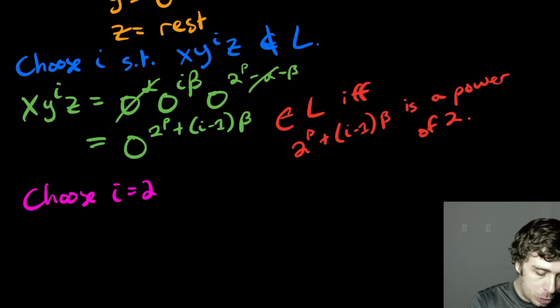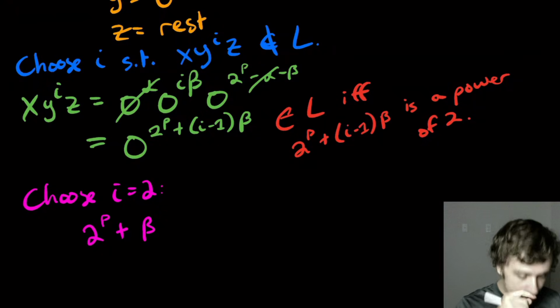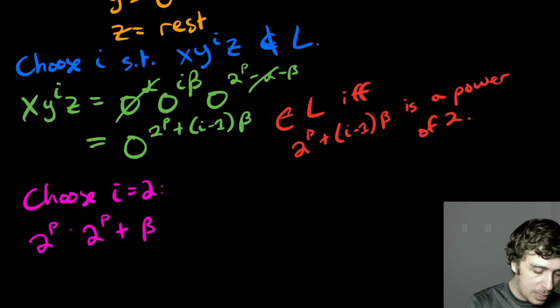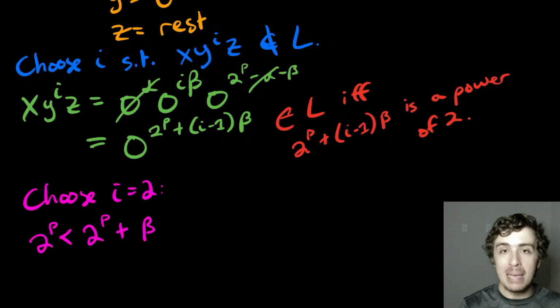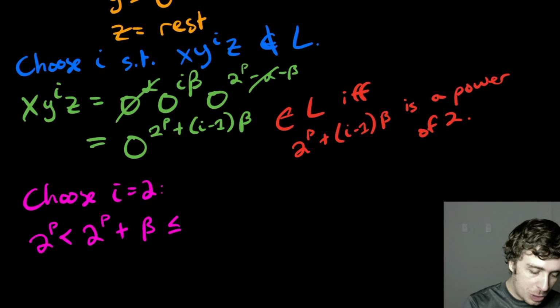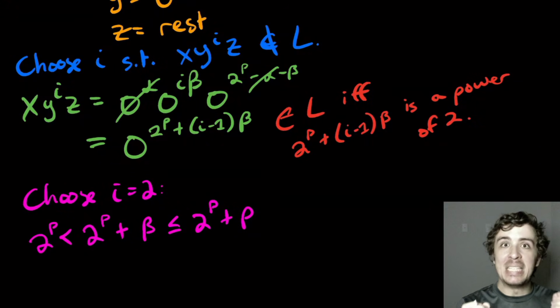Well, that is 2 to the P plus a single beta. Well, we know that beta is at least 1. So this is strictly larger than 2 to the P because beta is at least 1. And it's at most 2 to the power P plus a single P because the beta is at most P.